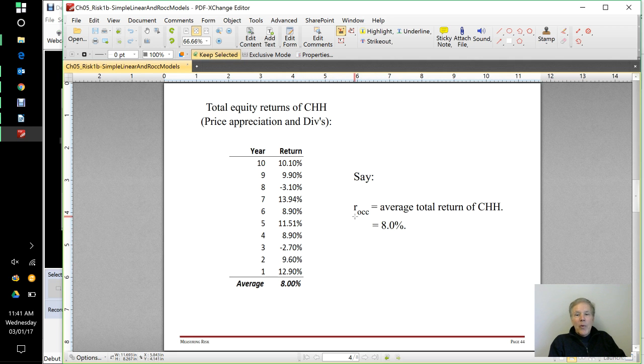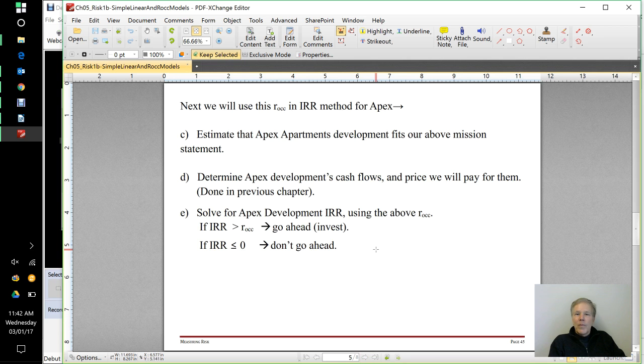And it may be pretty good if our mission is to invest in something like treasury securities that never do flame out. But when we're making equity investments in developments, this average is going to be a real random variable with a real standard deviation, including some historical years of negative returns, etc. Okay, so with those two things in our back pocket, let's move on.